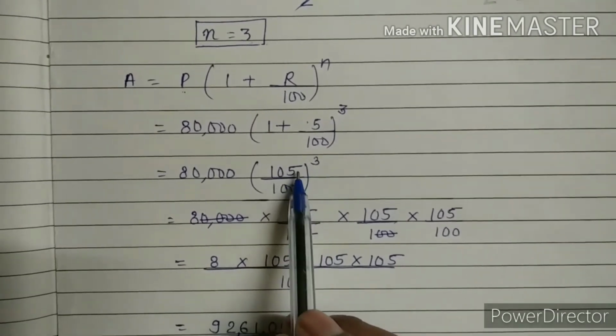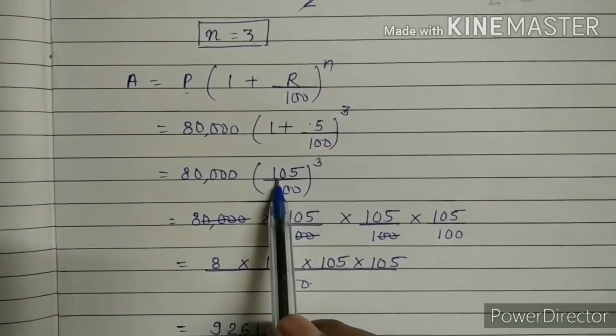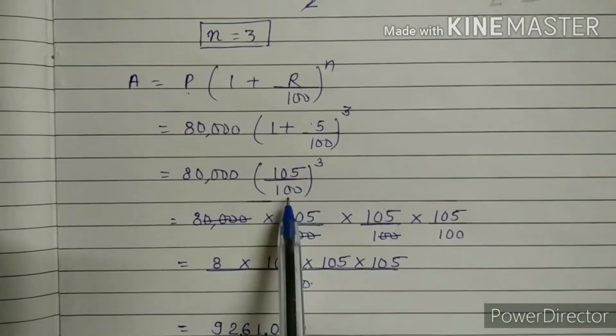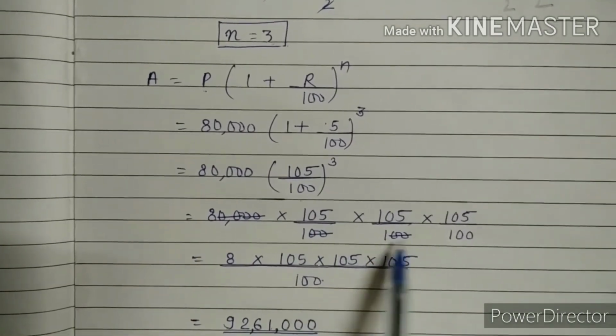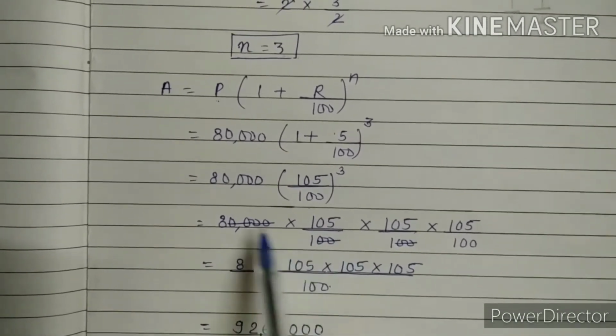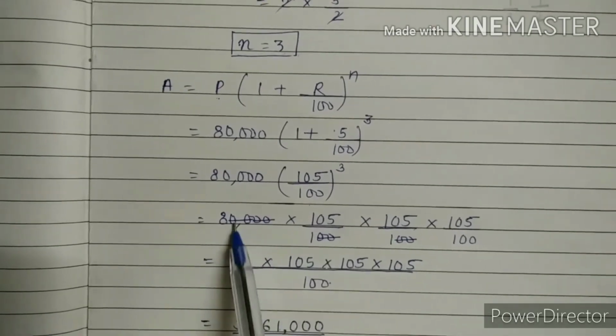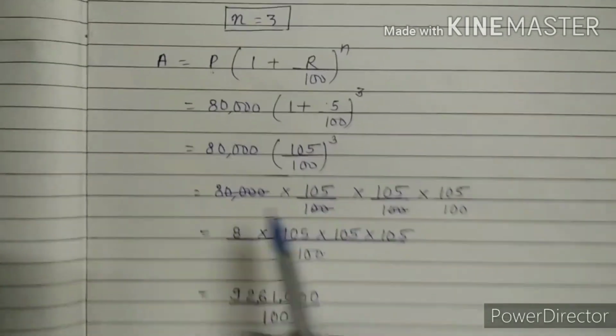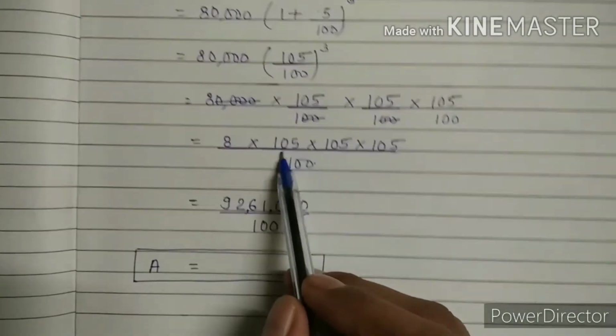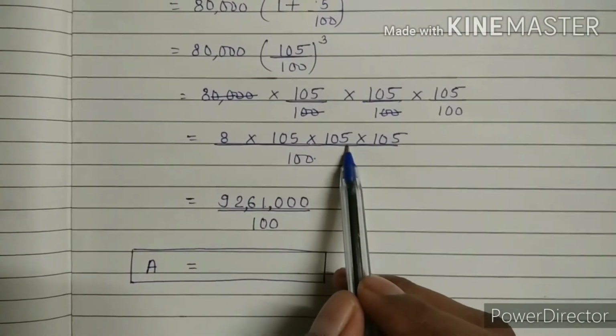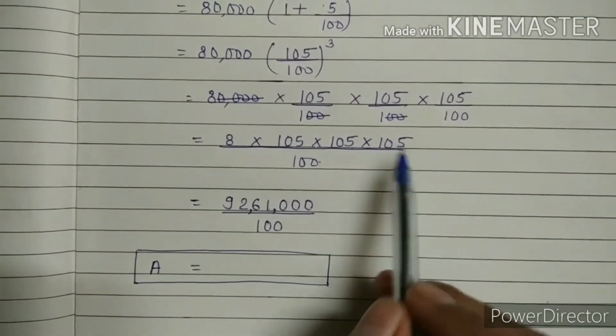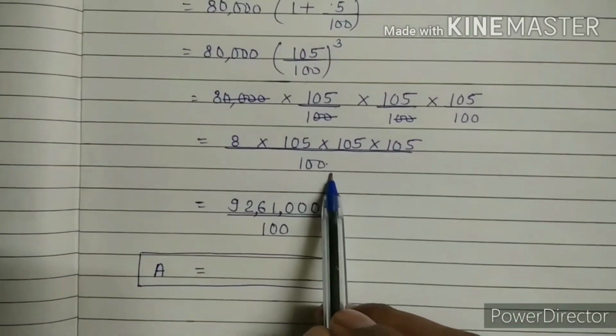So 105 by 100 will come 3 times, 1, 2, 3. So 00 to 00, 00 to 00, it will cut. So 8 into 105 into 105 into 105 whole will divide by 100.